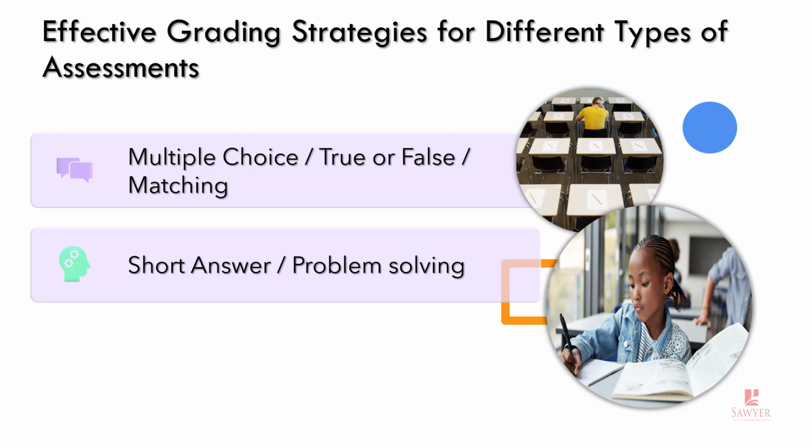And when it comes to short answer and problem solving, having an answer key is good, but also make sure that your colleagues review it, because sometimes with short answer and problem solving, different answers might come up depending on the perspective of whoever is looking at the question.